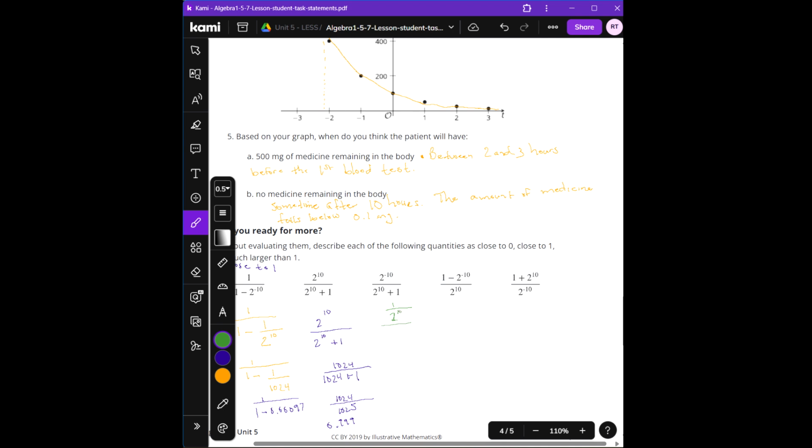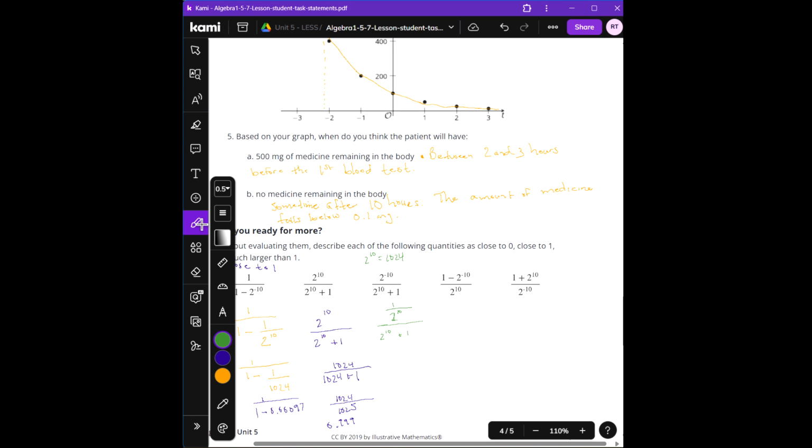And this is going to be divided by 2 to the 10th plus 1. Now let's look at the top one. Let's evaluate 2 to the 10th. We know that 2 to the 10th is equal to 1024. That's something that we saw earlier.